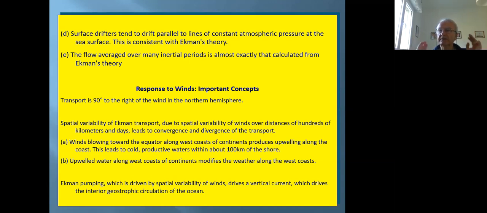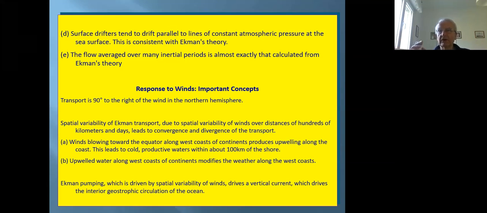the lines of constant atmospheric pressure, according to the geostrophic approximation, are also the lines along which the wind is blowing. But due to the friction, this is not a purely geostrophic wind, but it's slightly turned to the right.